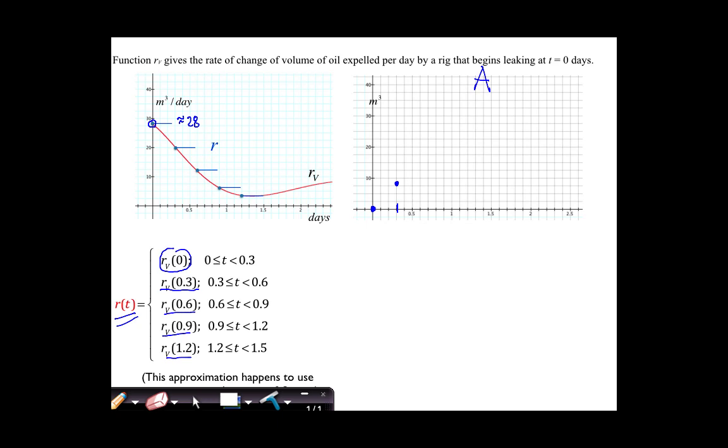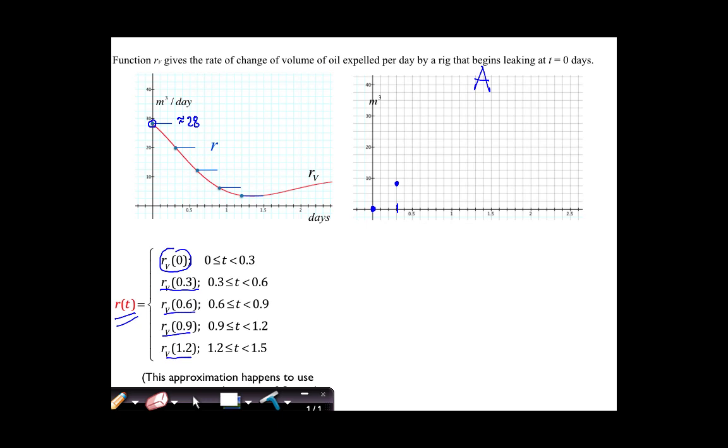Now, what if I was anywhere between 0 and time 0.3? Do I need to calculate those all separately to know where the graph is going, or do I know what shape this approximate accumulation is going to be between time 0 and time 0.3? Is it curved or is it straight?